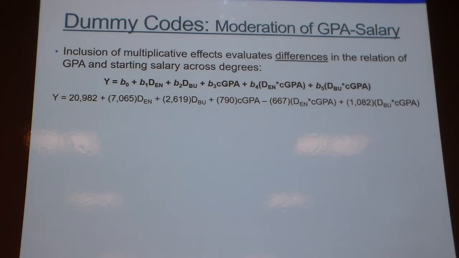So what we do is we regress our starting salary onto our dummy code for engineering, our dummy code for business, our centered GPA, the interaction of engineering and GPA, and the interaction of our dummy code for business and GPA.